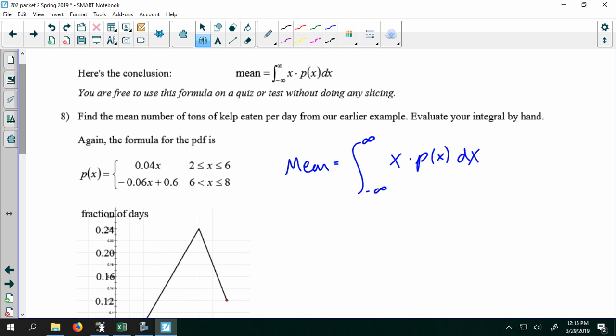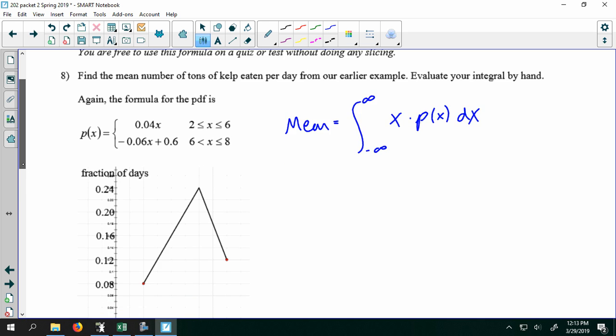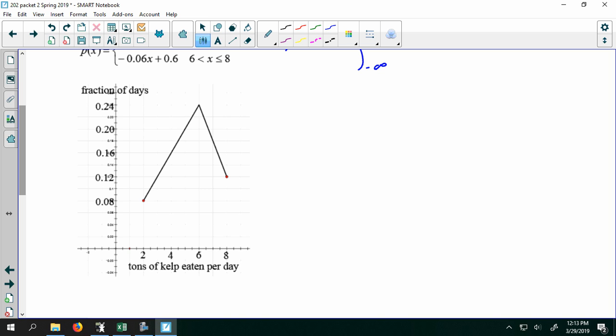Okay, so the integral is from negative infinity to infinity, but my function only goes from 2 to 8. Before 2, the function is 0, and after 8, the function is 0. So there's no area underneath it there. And then I have two different formulas, one from 2 to 6 and another from 6 to 8.